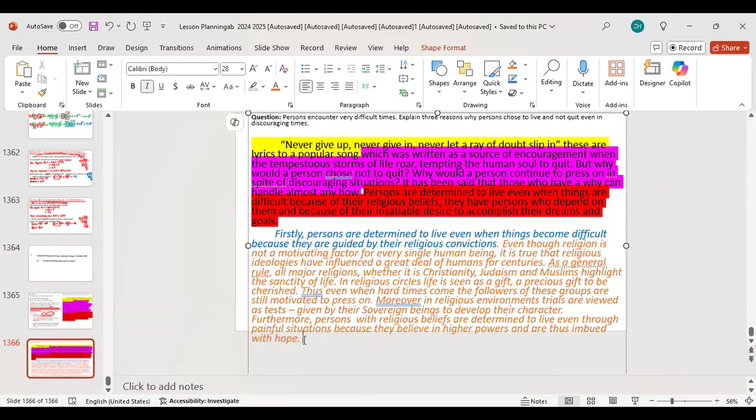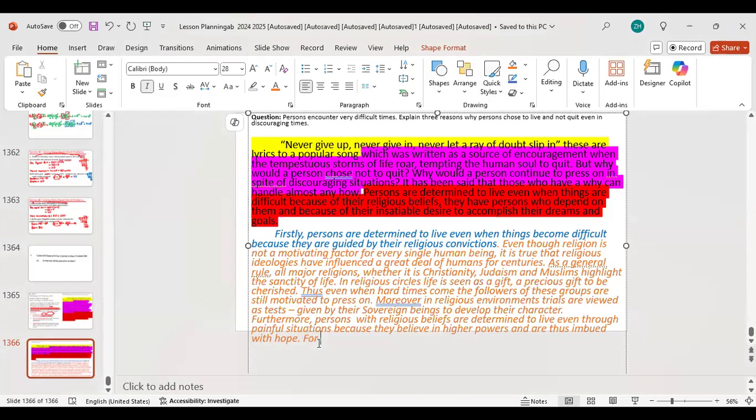We need our concluding sentence, not paragraph. This is still the first paragraph. So how are we going to conclude?